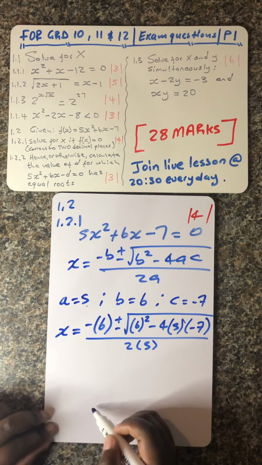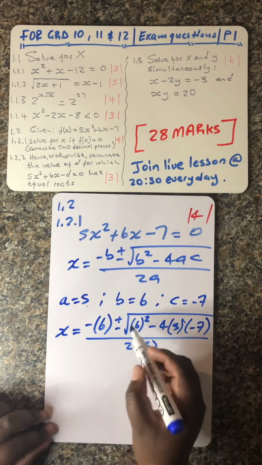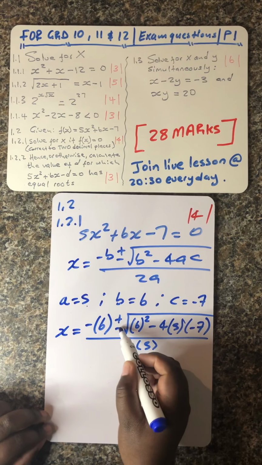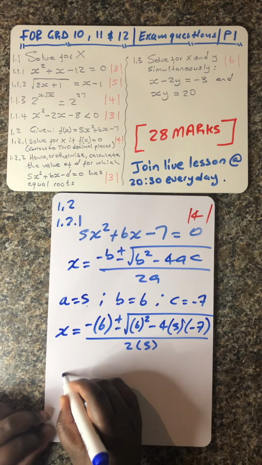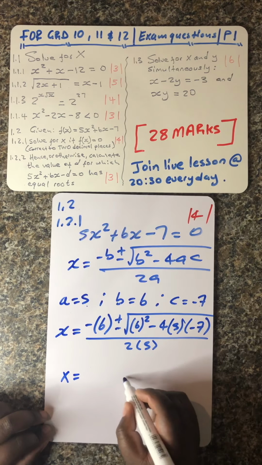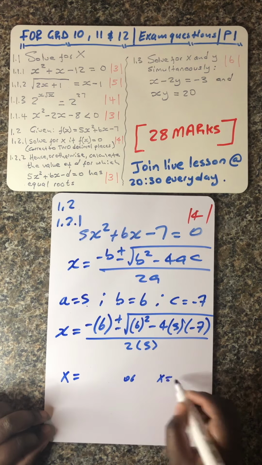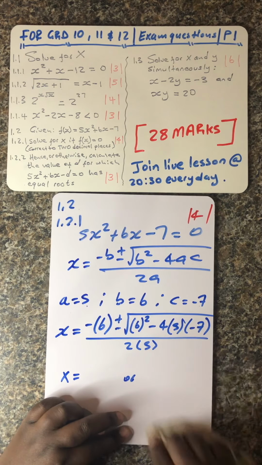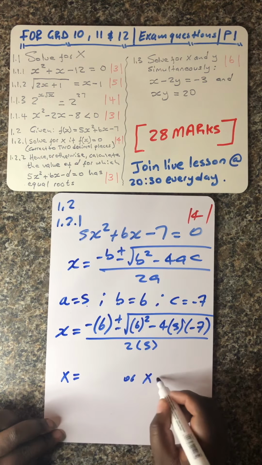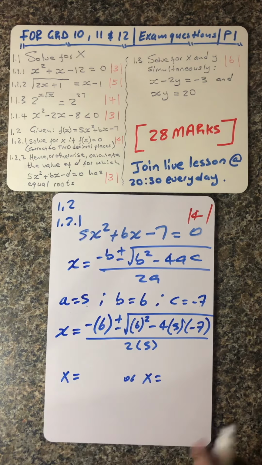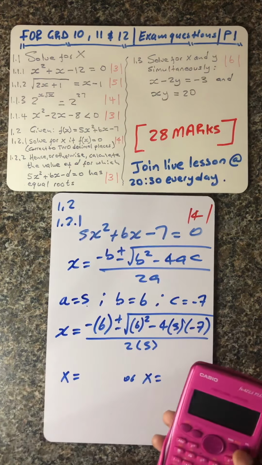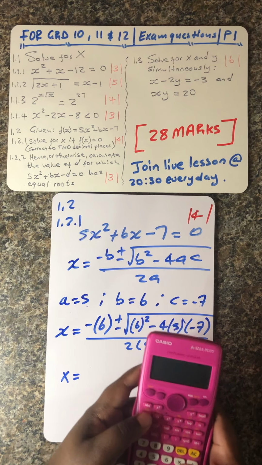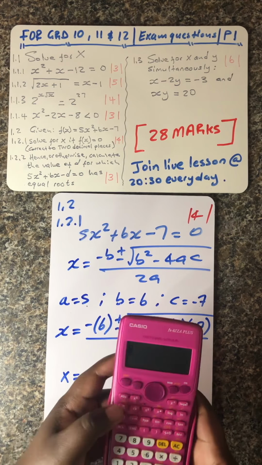Okay, so now guys, you punch all of this on a calculator by firstly using a positive sign. You go back, you change the sign to a negative, and you will get two values of x. From those two values of x, guys, remember to round off to 2 decimal places. Otherwise, if you don't round off, you stand a very good chance of losing some marks. So let's see, you start with a fraction button. This is a fraction button.